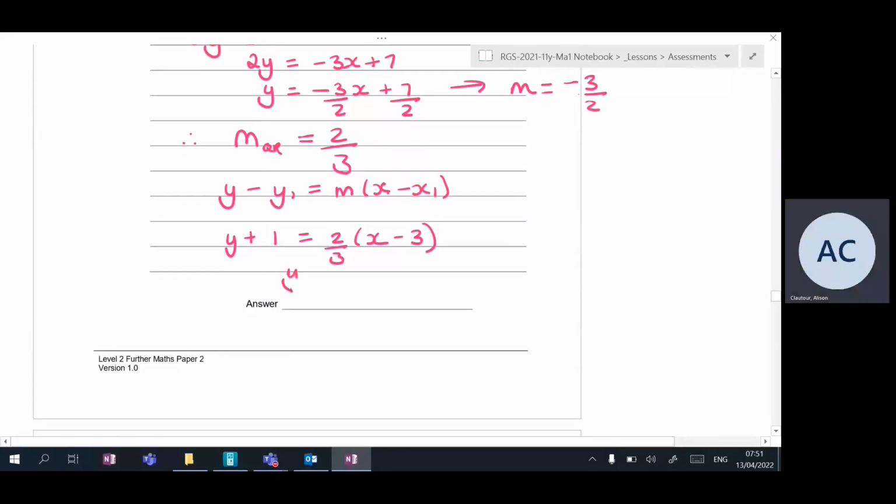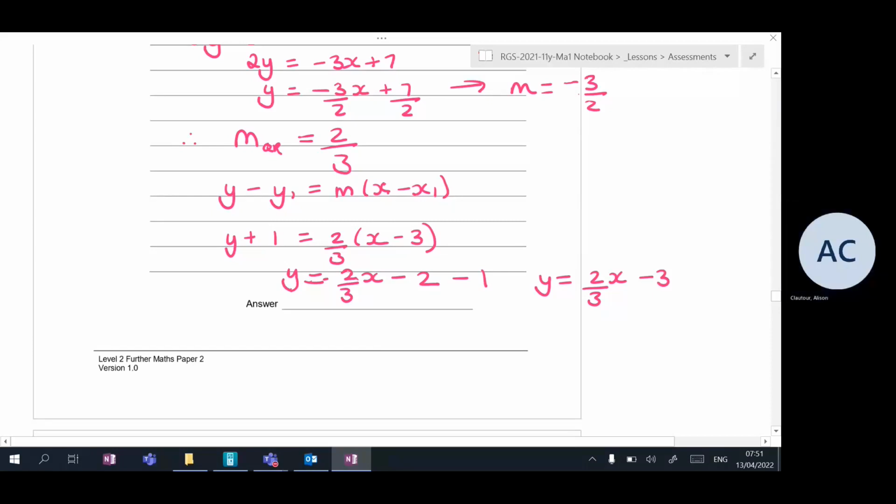So if I rearrange this, my pen is just not happy today. Okay, I now know the equation of the line is y equals 2/3 x minus 3.